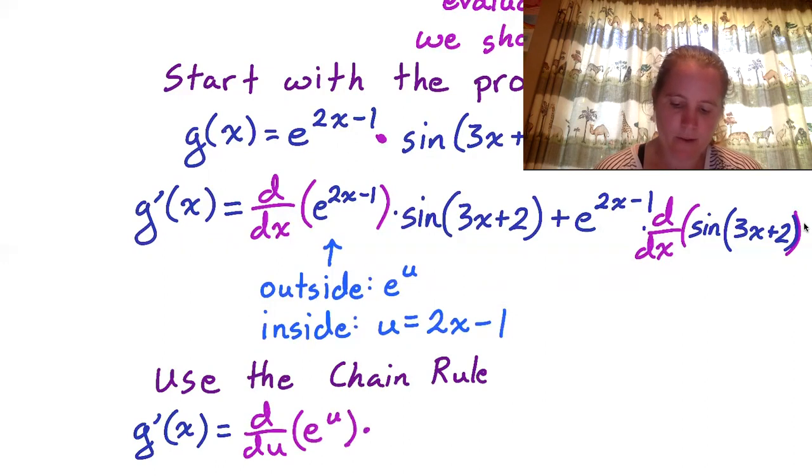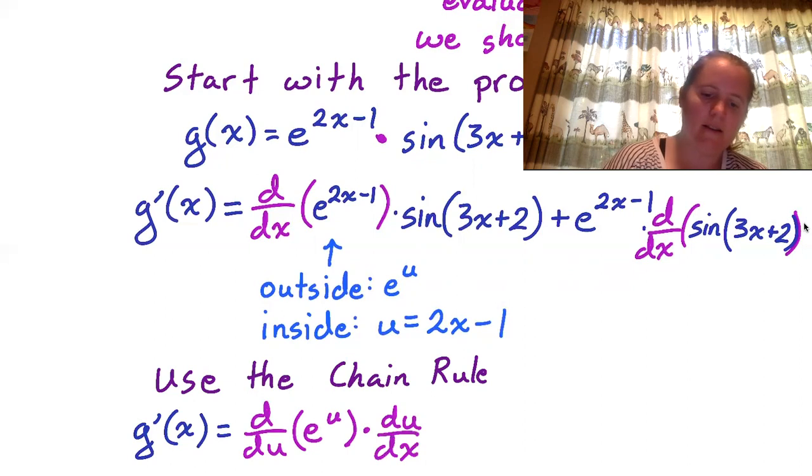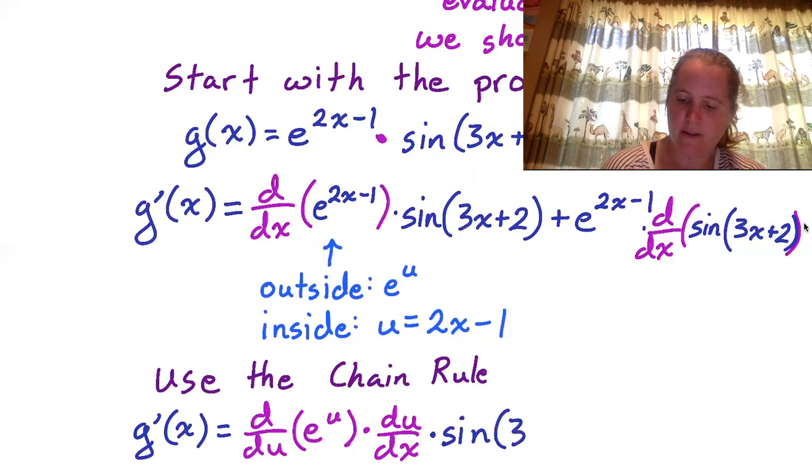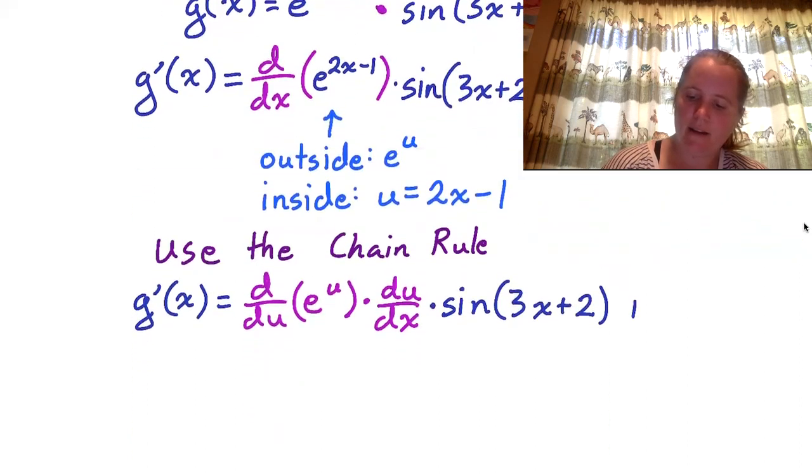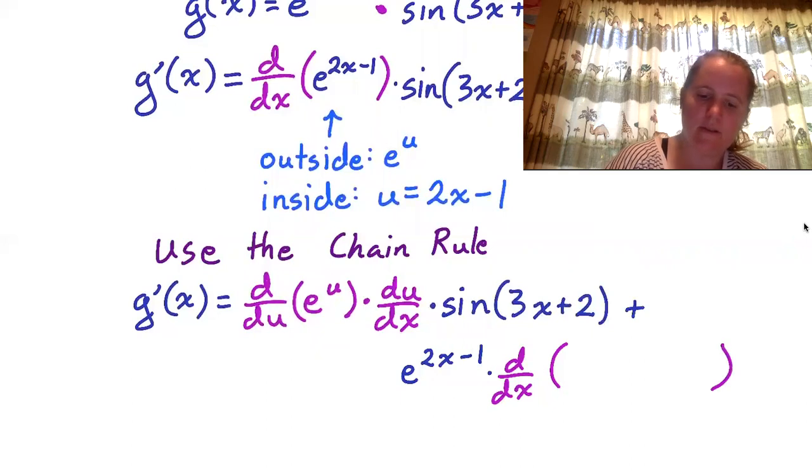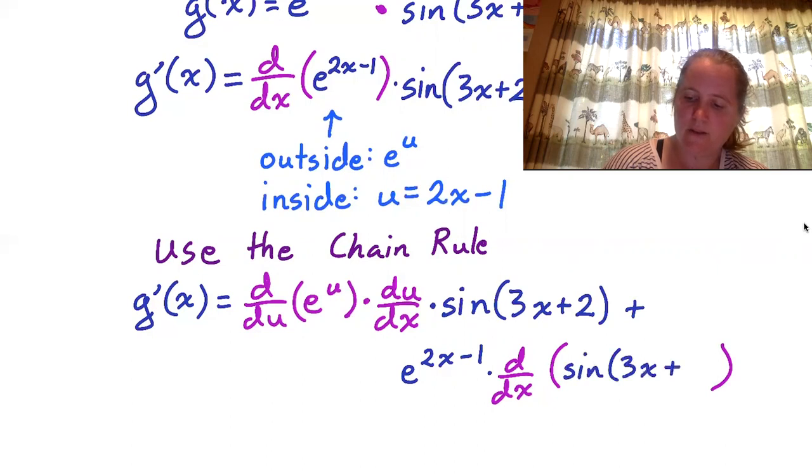And then we will multiply by the derivative of u with respect to x. And that is still multiplying sine of 3x plus 2. To all of that, we are adding our e to the 2x minus 1 times the derivative with respect to x of sine of 3x plus 2.